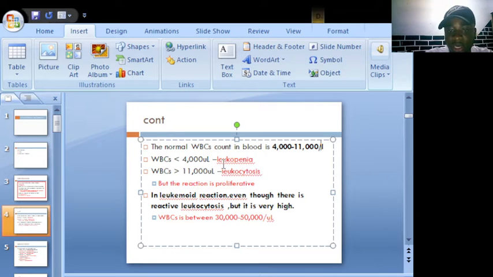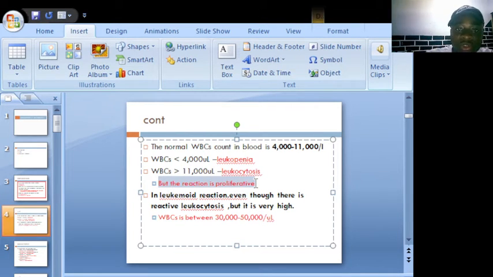Good. And of course, when there is an increased level of WBCs above the upper limit, which is 11,000 per microliter, you say you have leukocytosis. In this case, there is an increased level of WBCs. But one thing is that the reaction is proliferative.